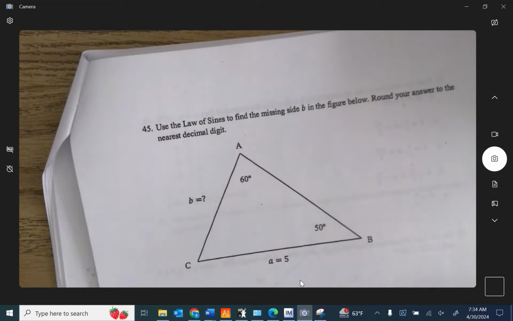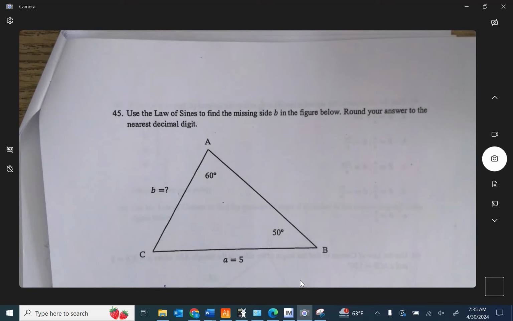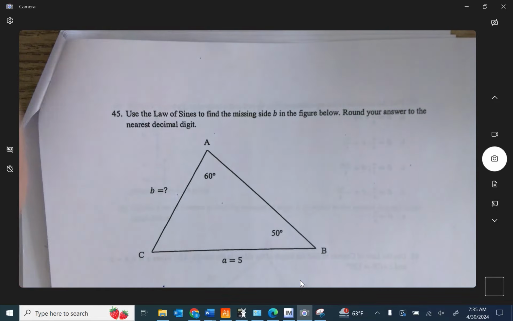45, using the law of sines to find the missing side B, round your answer to the nearest decimal digit. And law of sines is on your test. Why wouldn't it be? The deal is you're going to answer appropriately. Like you're just going to answer what it is.